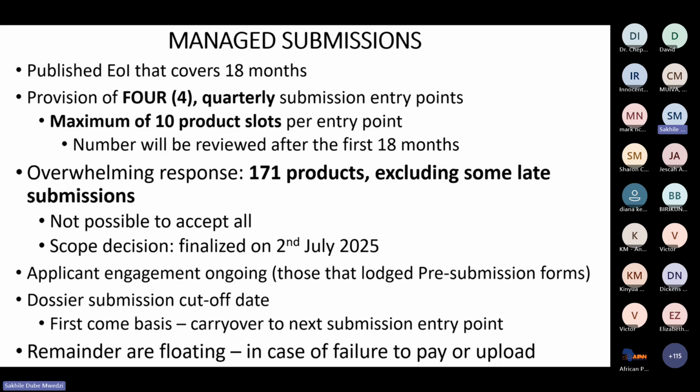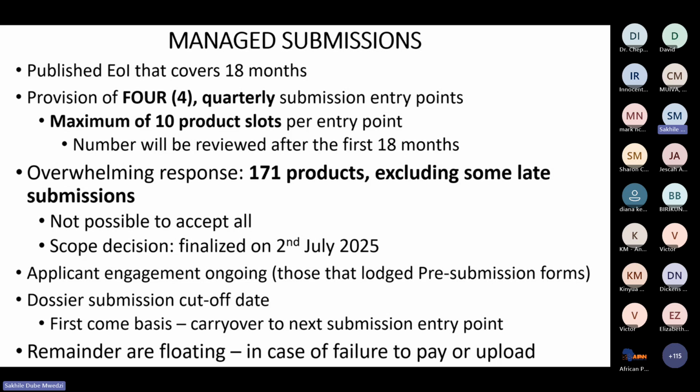And when we did that, we had an overwhelming response. So we had about 171 applications that came through, and we couldn't do all of them. We completed the in and out of scope on the 2nd of July. We've already communicated to those that wanted the first window.